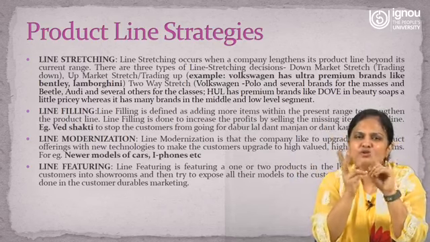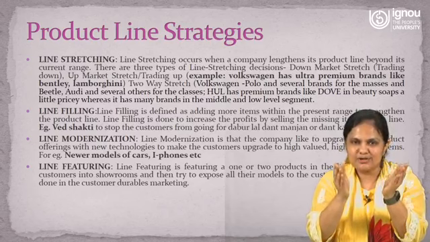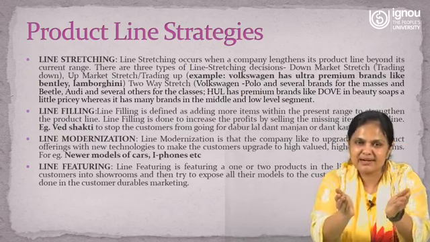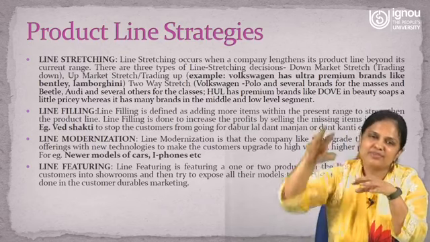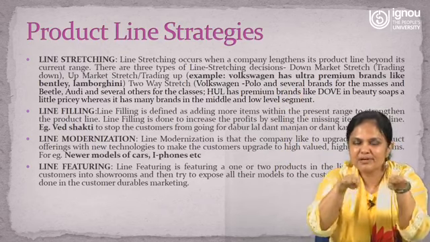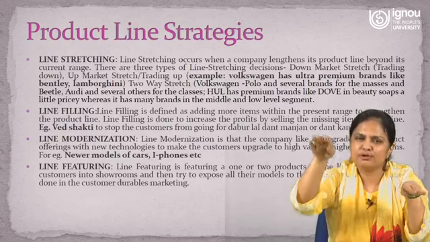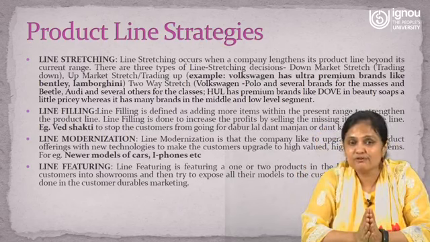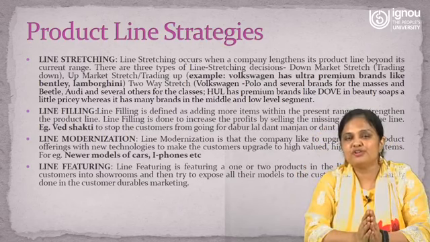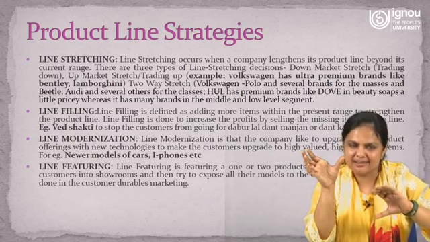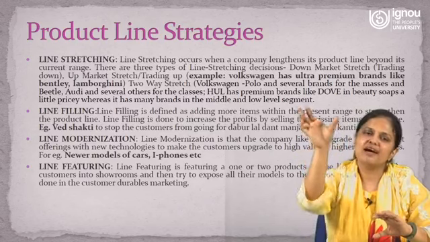And when we talk of two-way stretch, that means you are trying to cater to the customers with lesser purchasing power, lesser income, and at the same time to those with higher income. So you already have a product line. Now you want to cater to both the lesser income group and the higher income group. In this case, what would you do as a company? You would introduce some products in your product line which are low priced and some which are highly priced.